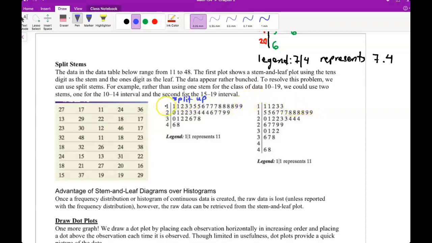On the first row for the stem we have 1. Now dividing by 2, we have 1, 1, so we have 2 classes.